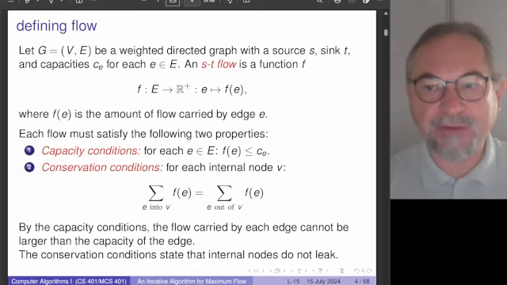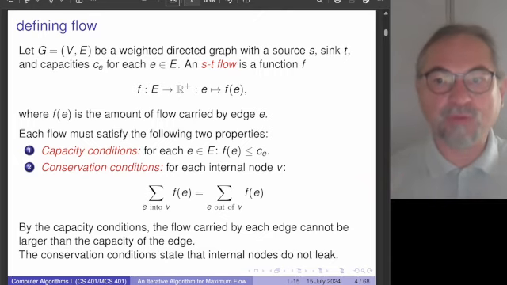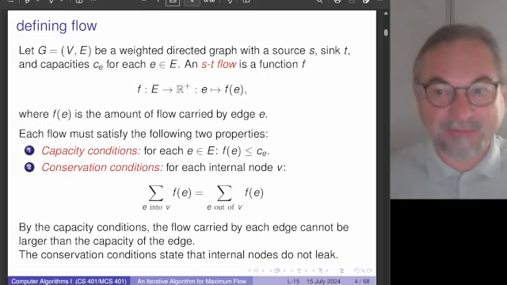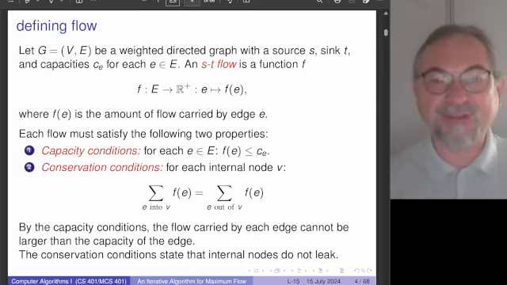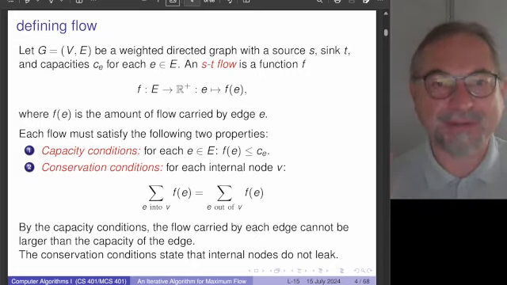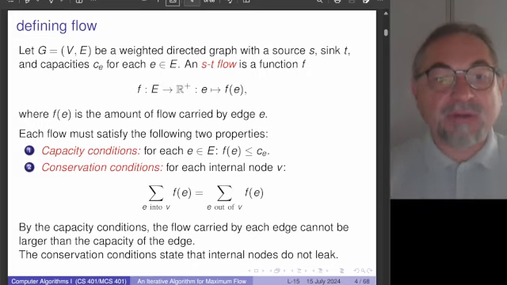So we have a capacity on every edge, but we will impose a flow on the edges. And you can think also of flow as some fluids and the edges as pipes, if you are more a hands-on plumber type of person. So that's the definition of a flow.